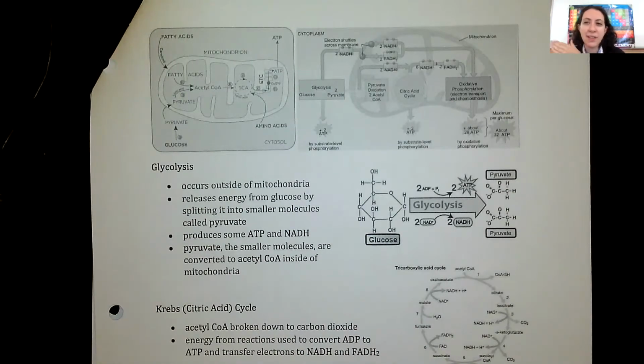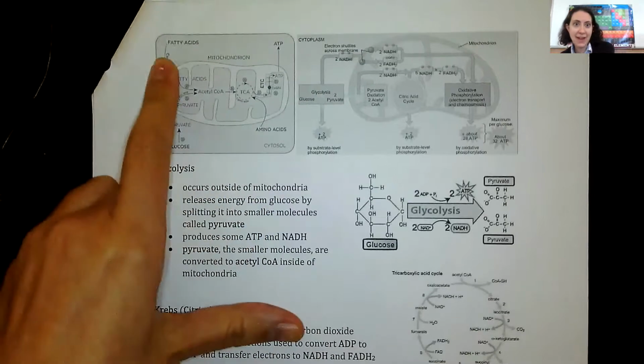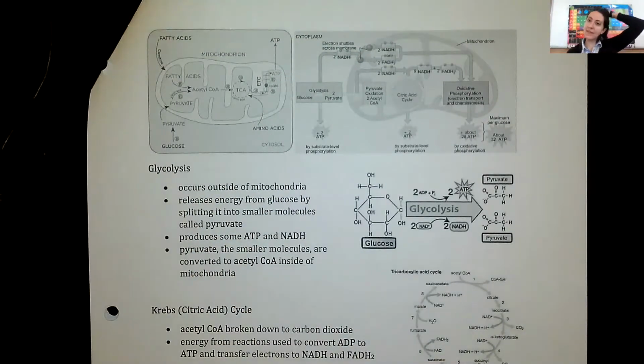There's probably a bunch of steps ahead of time to get those molecules cut down and converted into the right form to enter the cycle. But that's where all the energy comes from. It doesn't matter if it's a protein, which is amino acids, or fats, which is fatty acids, or carbohydrates, glucose. Those are your three sources of energy, and they all enter this process one way or another.